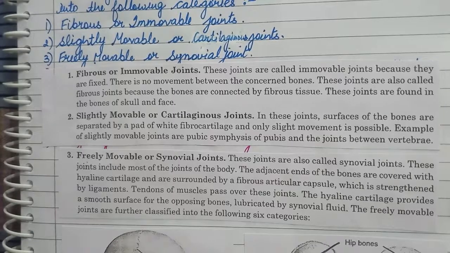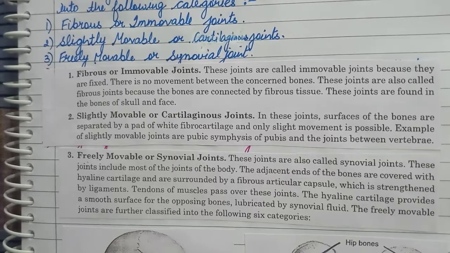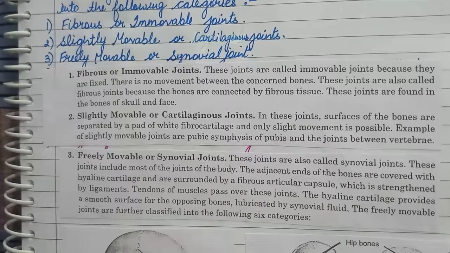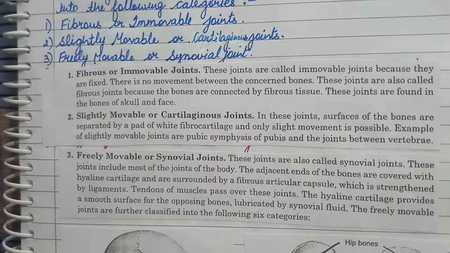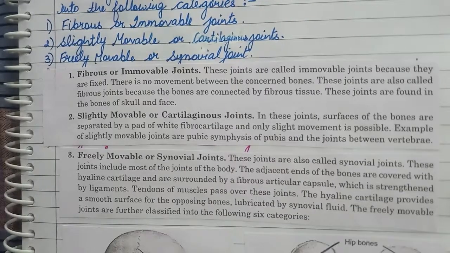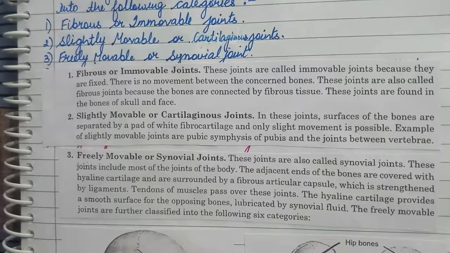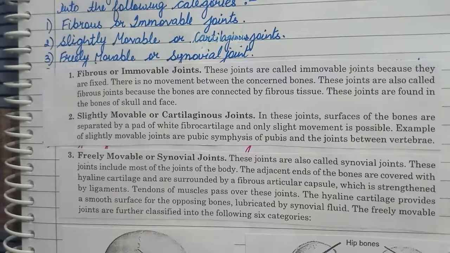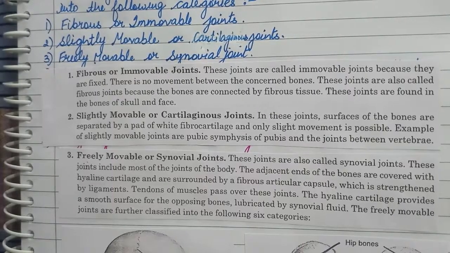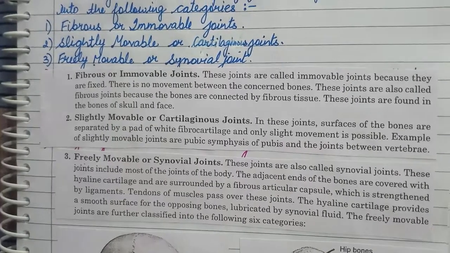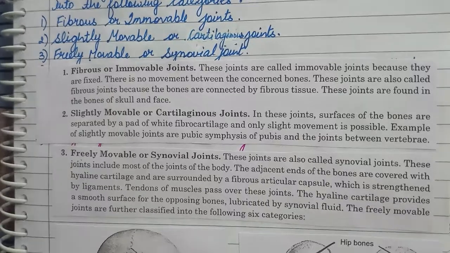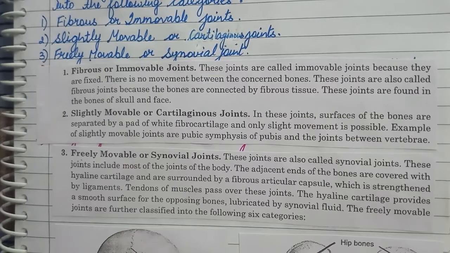In these joints, surfaces of the bones are separated by a pad of white fibrocartilage, and only slight movement is possible. Examples of slightly movable joints are the pubic symphysis of the pelvis and the joints between vertebrae.